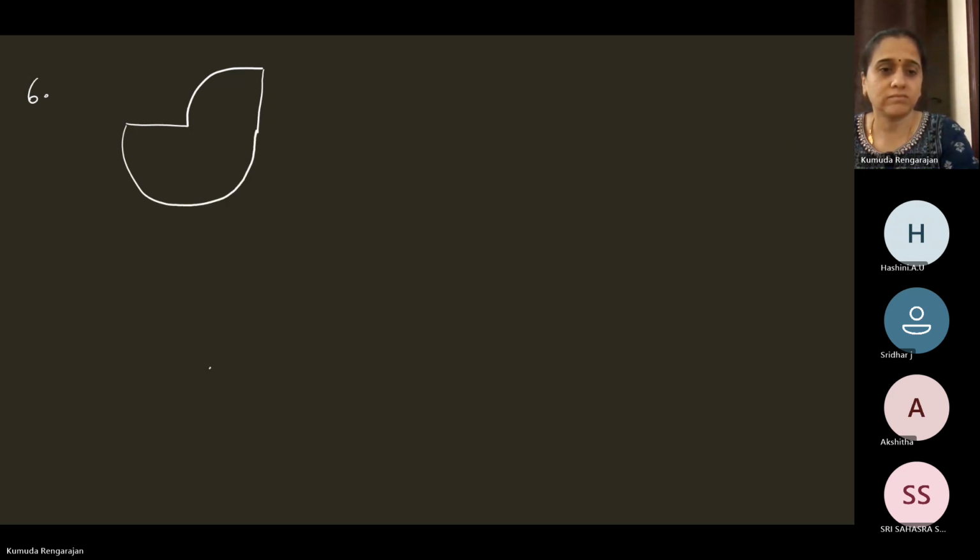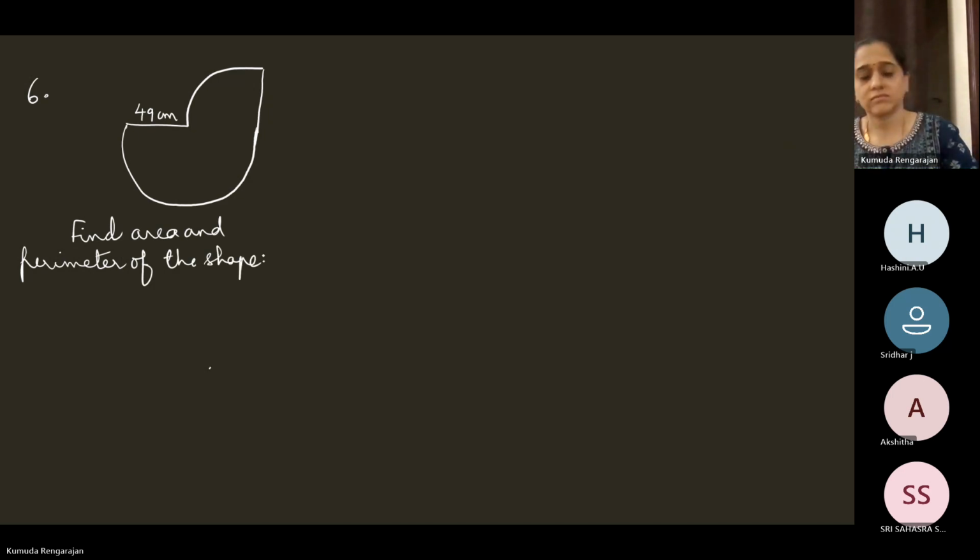I want the answer from you. Find area and perimeter of the shape.